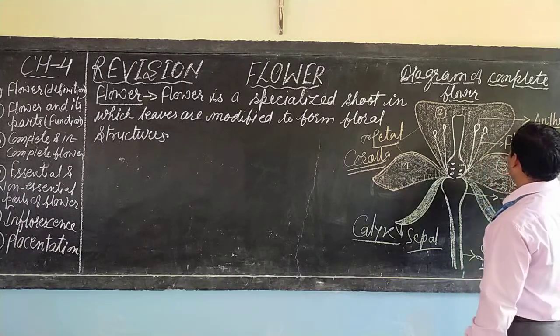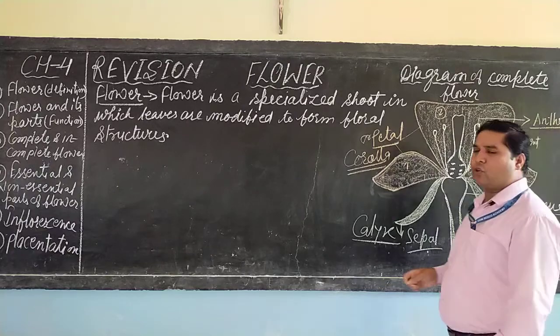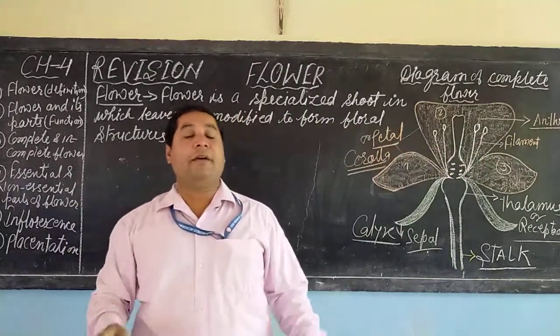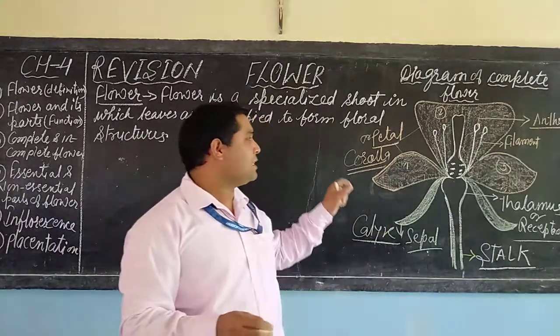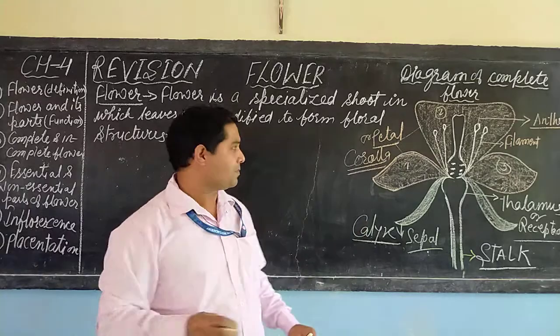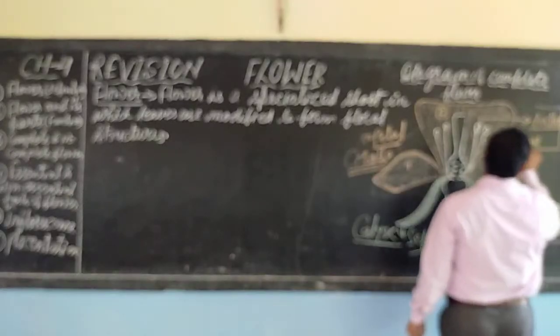Both anther and filament together are known as stamen. And stamen is the male part of the flower, dear student.